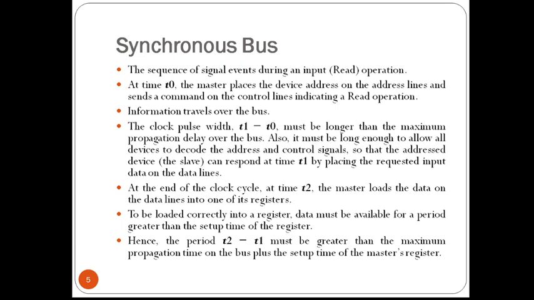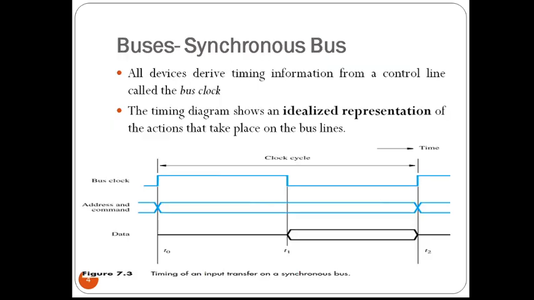So it places the address on the address line, and it also generates some control signals, address and command, at t0. The command line indicates an input operation and specifies the length of the operand to be read.